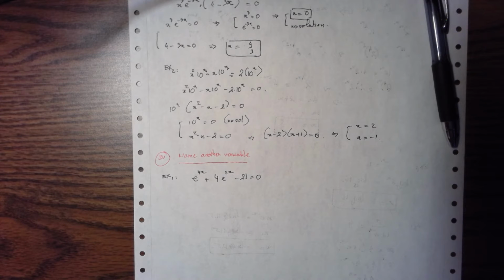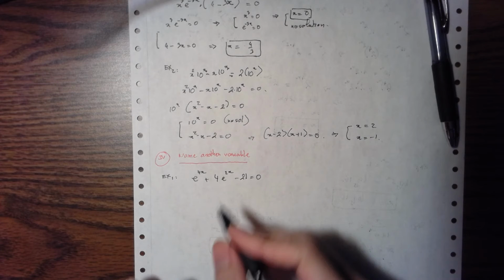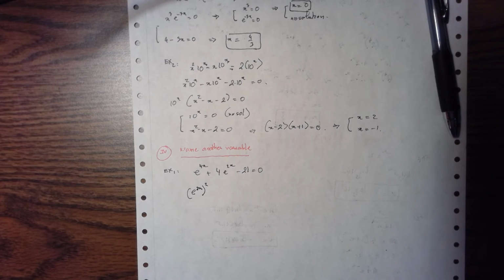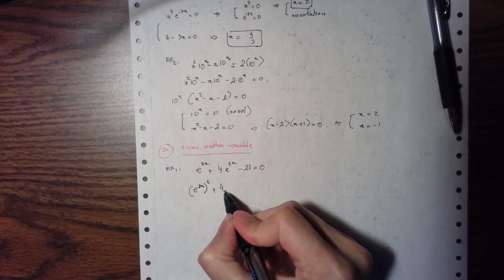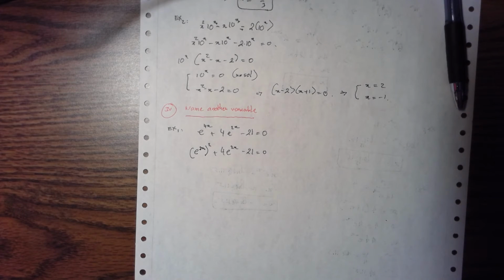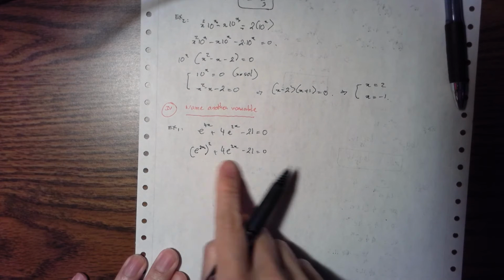Alright, so how do we name a variable here? You see that e to the 4x and e to the 2x are related to each other because e to the 4x is nothing but e to the 2x raised to the second power. Now you see e to the 2x in common between these terms.